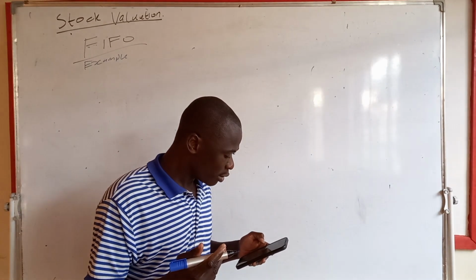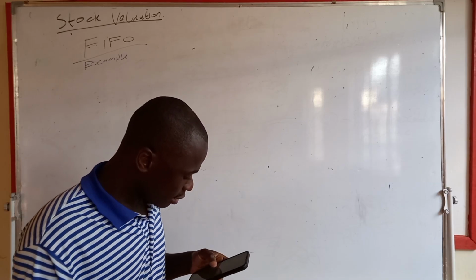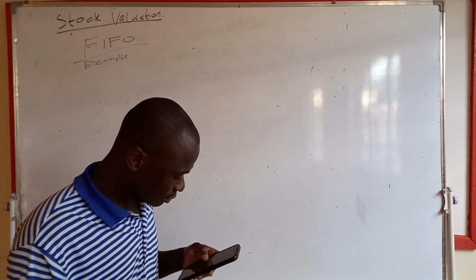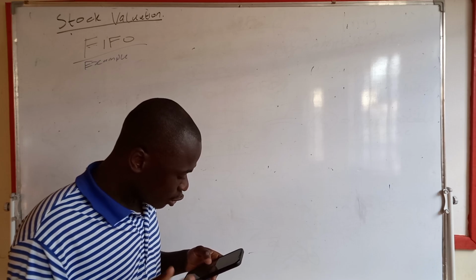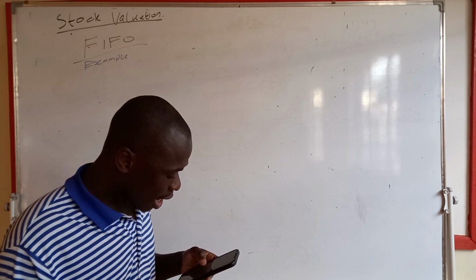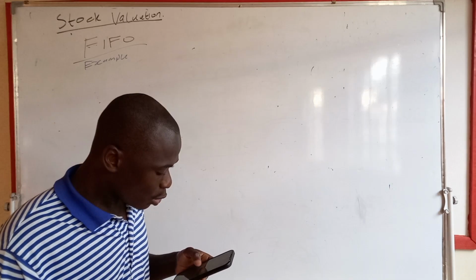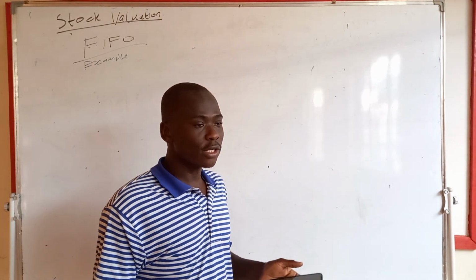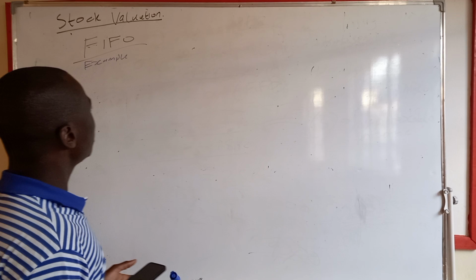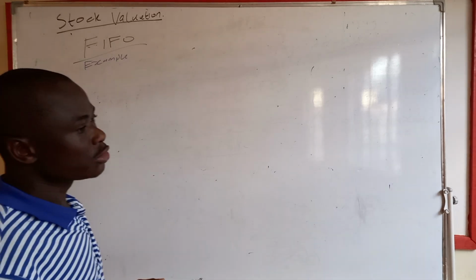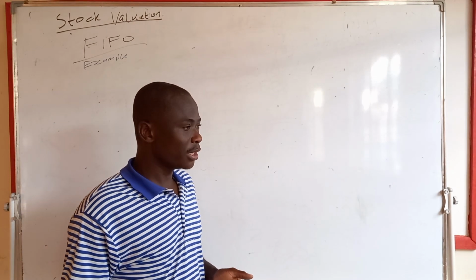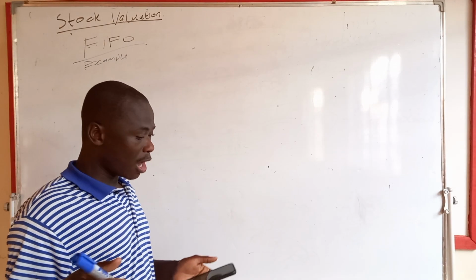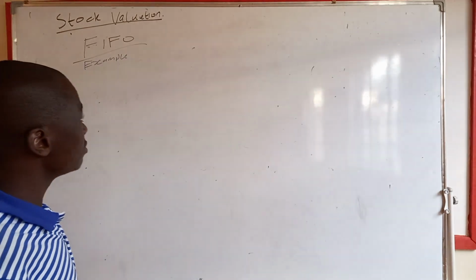For example, where you are being told here that during the month 20,000 tiles were sold at a price of 220 each. That price of 220 is not applied in this store ledger. It is not applicable in this store ledger. And I'm going to show you why I'm saying so.